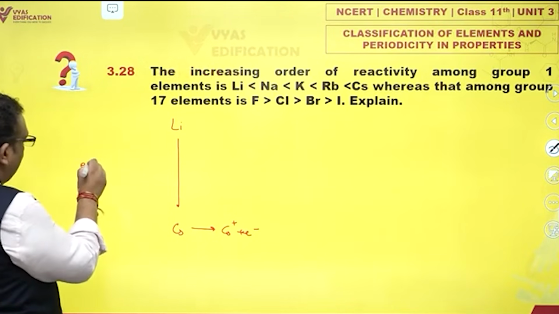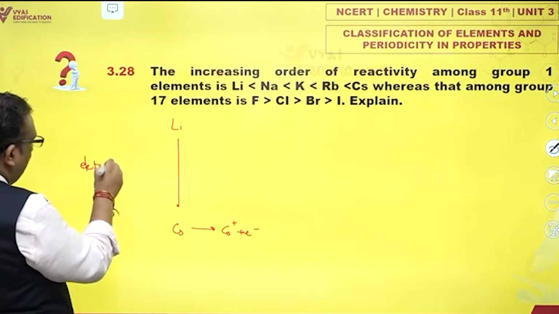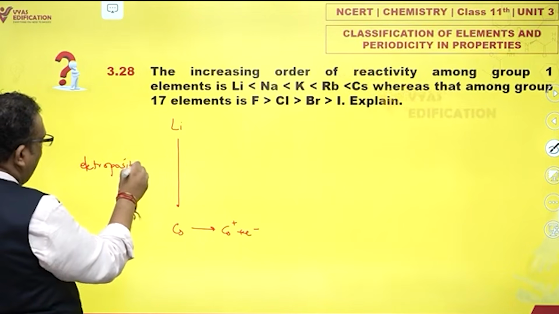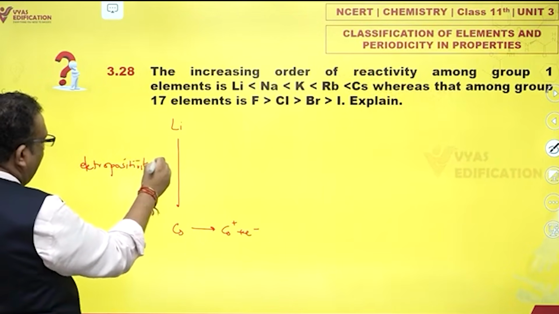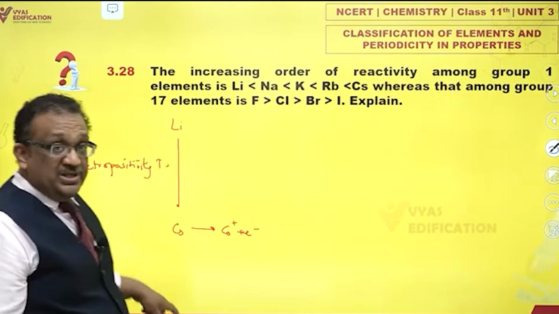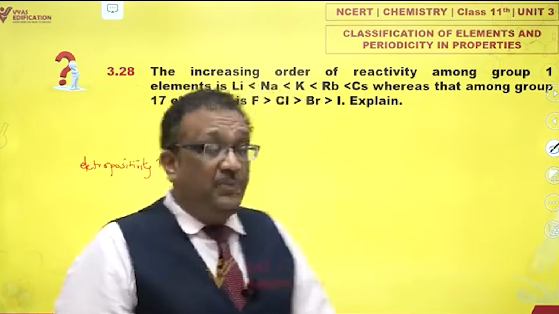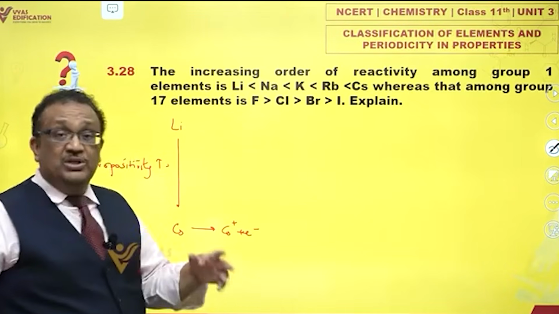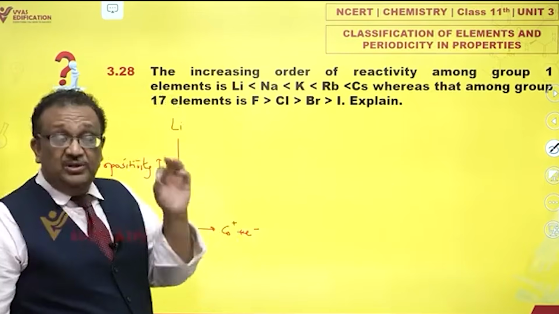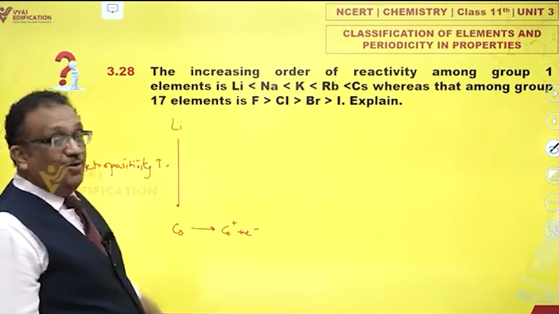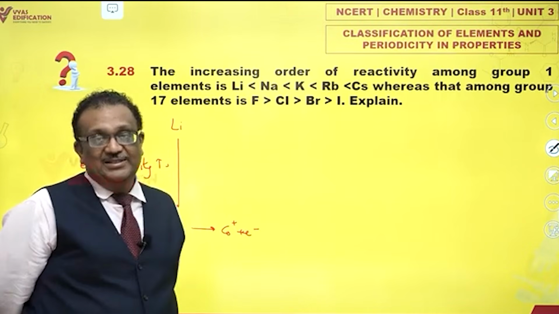So electropositivity increases down the group. Why? Because as you go down the group, ionization energy decreases. It becomes easier to lose electrons, so it becomes easier to react. So that is why reactivity increases down the group in alkali metals.